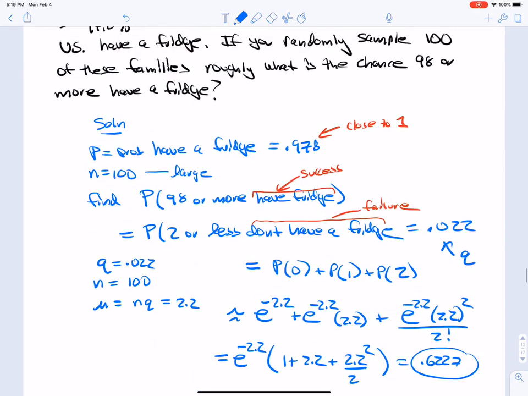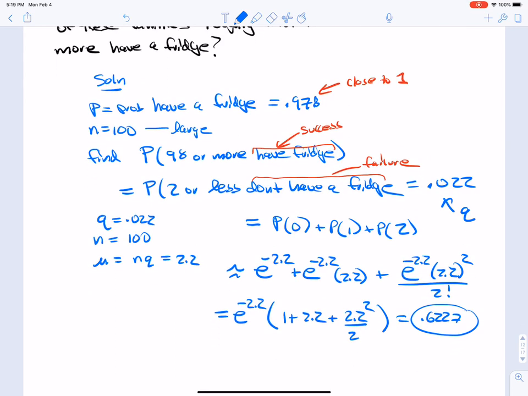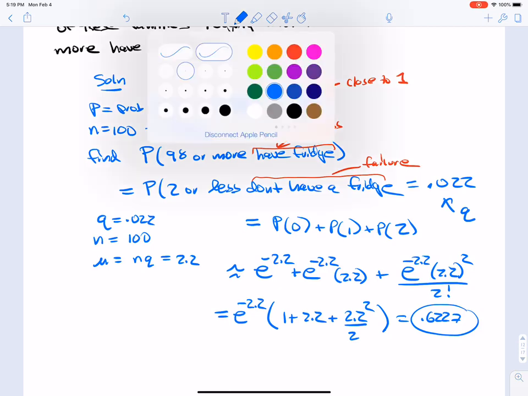So in this case, we want the probability that 98 or more have fridges, or equivalently that 2 or less don't have a fridge.